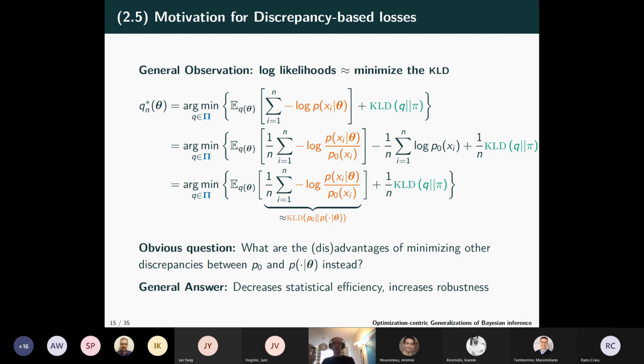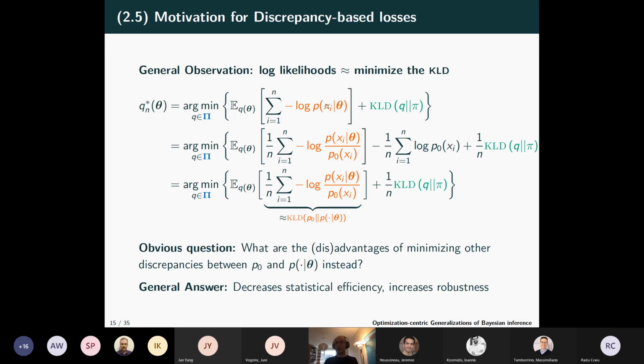Before we do that, it makes sense to recapitulate one thing: when you're computing the standard Bayesian posterior, you are effectively using the Kullback-Leibler divergence twice, once for the prior and once for the model term. And the way to see this is just rewriting the loss term in terms of the Kullback-Leibler divergence.